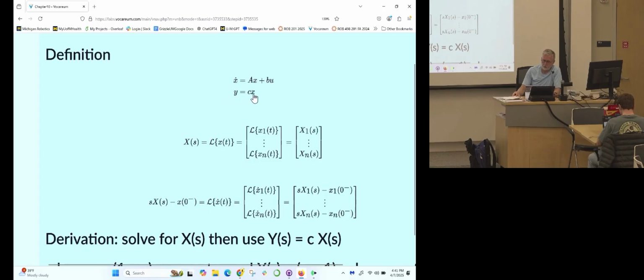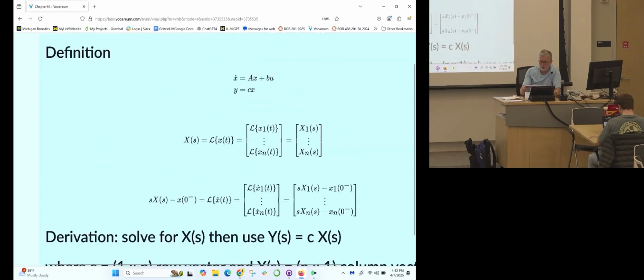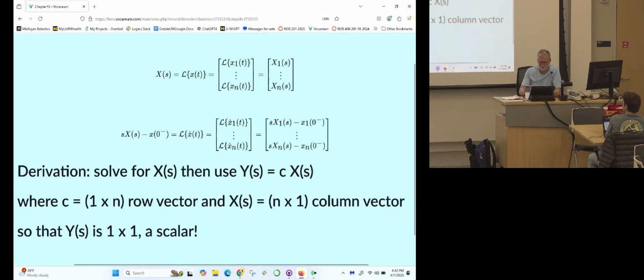But maybe y is x2 plus x3, or x2 plus 4 times x3, in which case C would be 0, 1, 4, 0, 0, 0, etc. Okay, so whatever the coefficients are multiplying x1, x2, xn to form y, those coefficients are lumped into the row vector C.